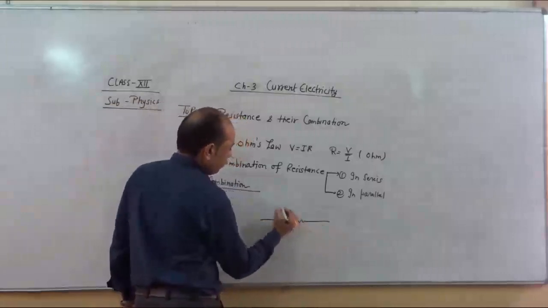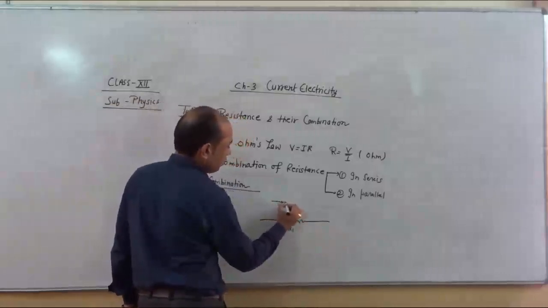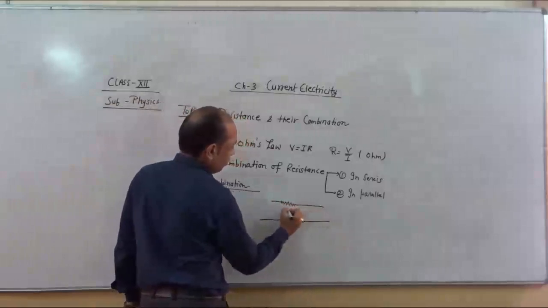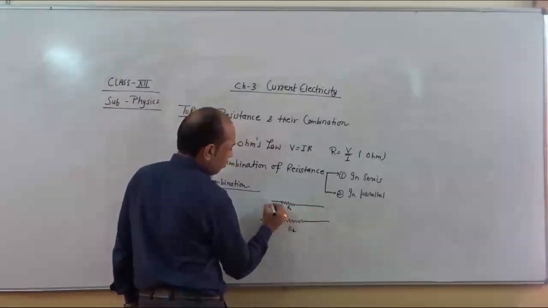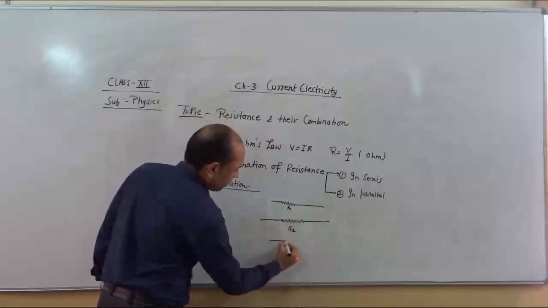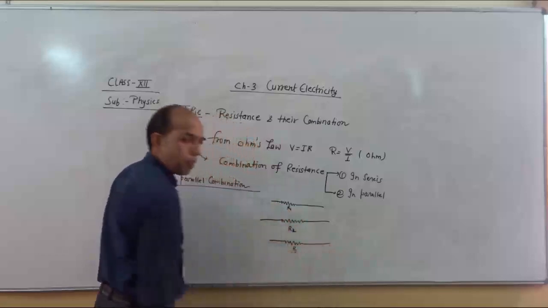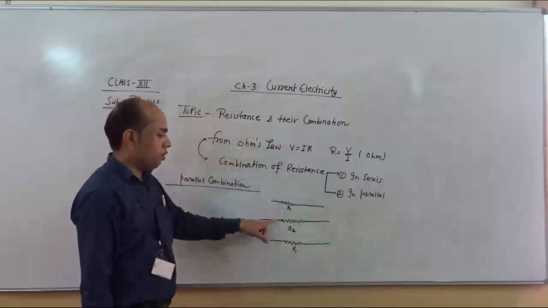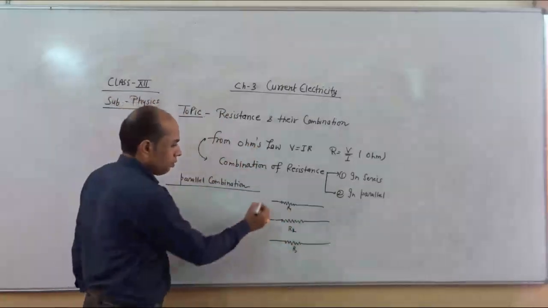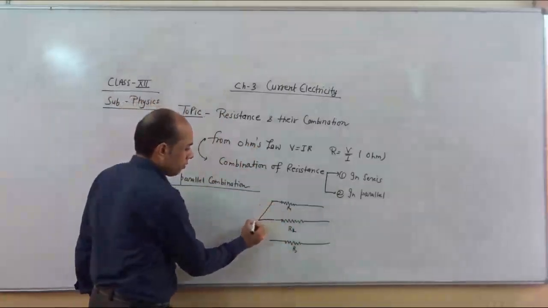The first resistance is R1, this is R2, and for the third resistance, this is R3. Now the first end of each resistance is connected to a common terminal, say point A.